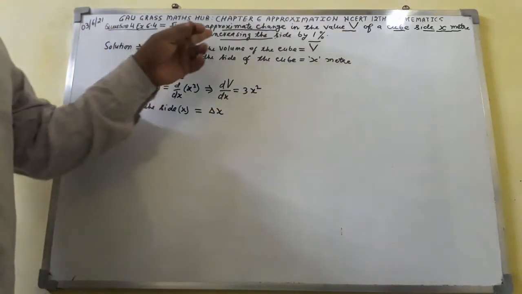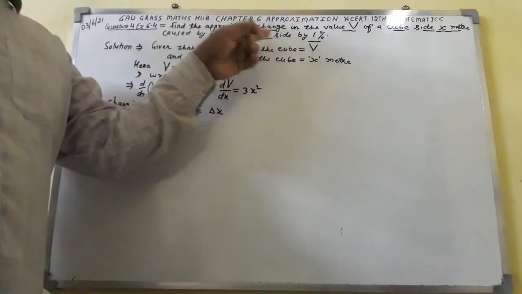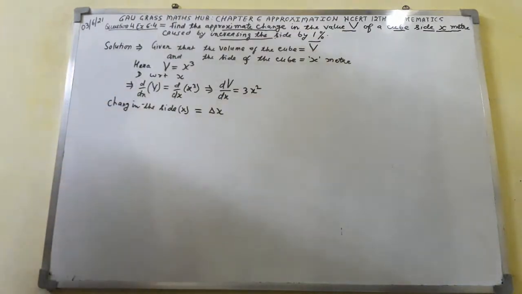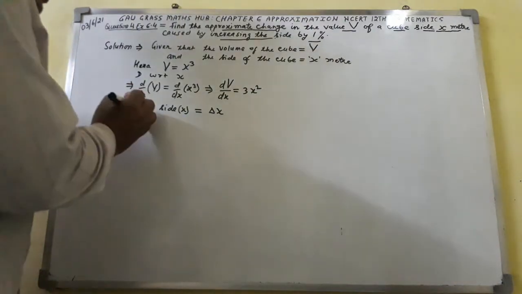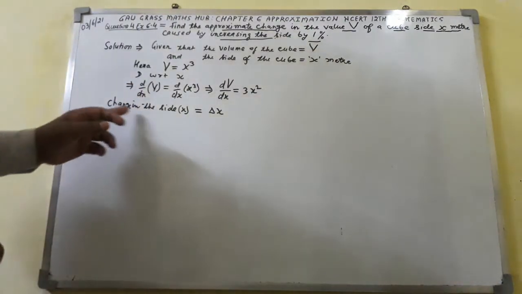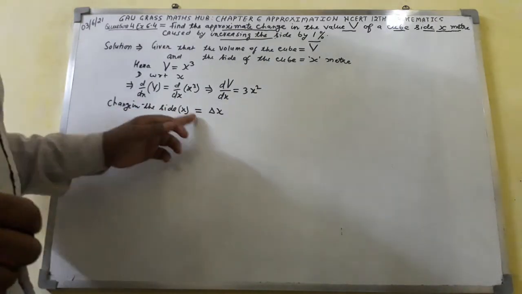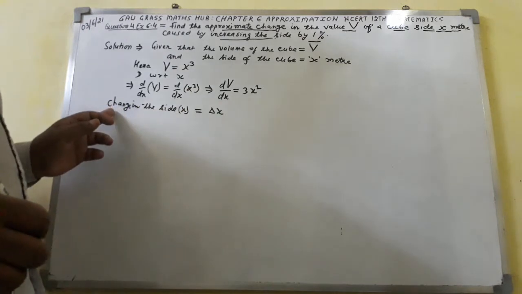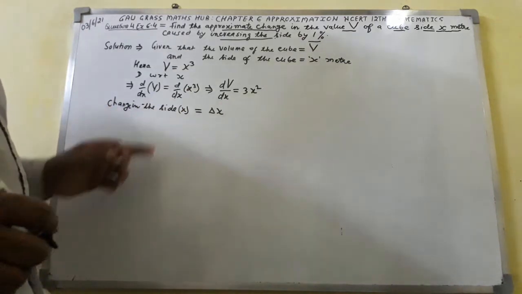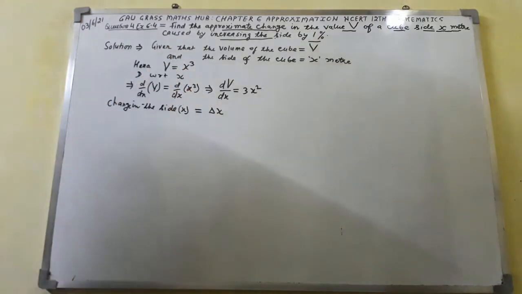This is the question: increasing the side. What is happening to the side? It is increasing. So where is the change happening? In the side. So the change in the side x equals delta x.